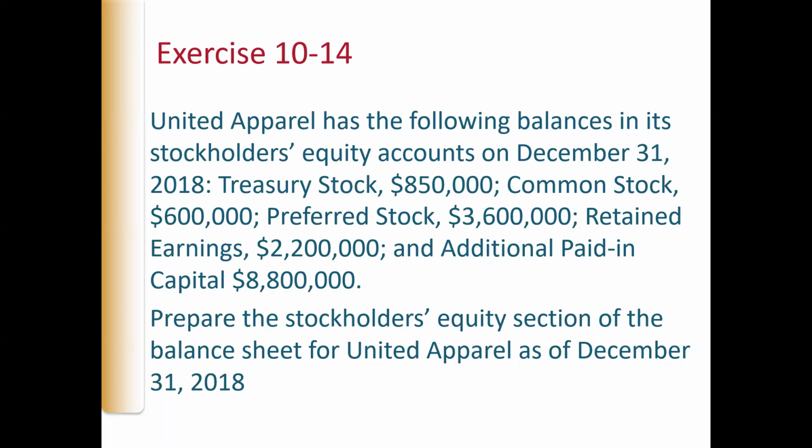Common stock is 600,000. Preferred stock is 3,600,000. And retained earnings is 2,200,000 with additional paid-in capital of 8.8 million. Prepare the stockholders' equity section of the balance sheet for United Apparel as of December 31st, 2018.